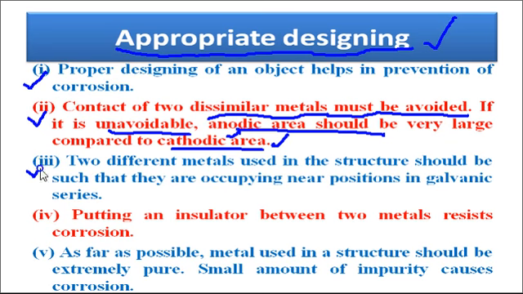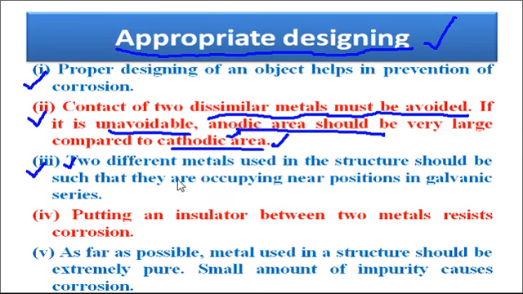Thirdly, if direct contact is unavoidable, then we should use different metals in such a way that the difference in the electrode potential of these two metals is minimum.